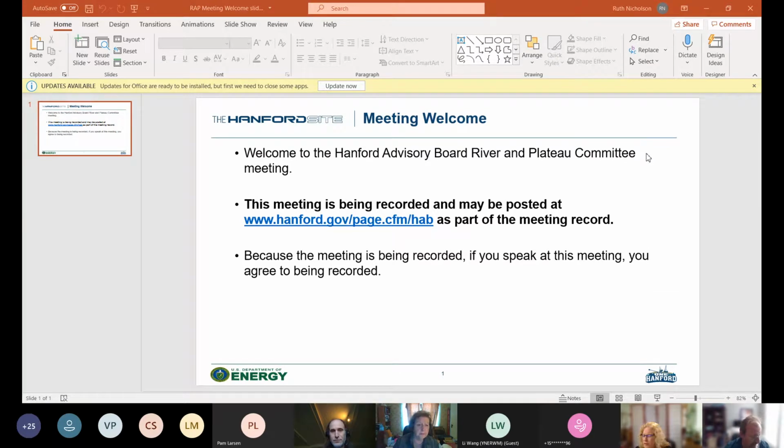Also, another thing for housekeeping: there was a question, actually a best practice listed in recent HAB advice about virtual meetings, and that was about closed captioning. That is a user preference, and up at the top bar where you see the three little dots next to each other, there's a drop down that allows you to select live captions.